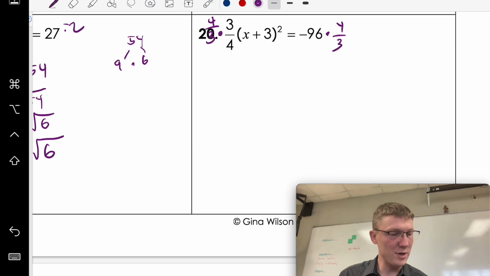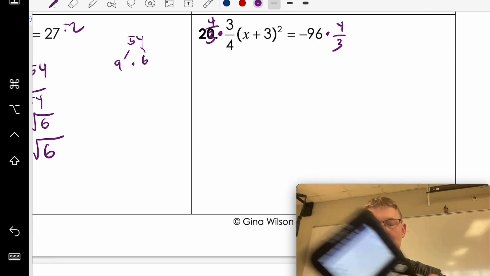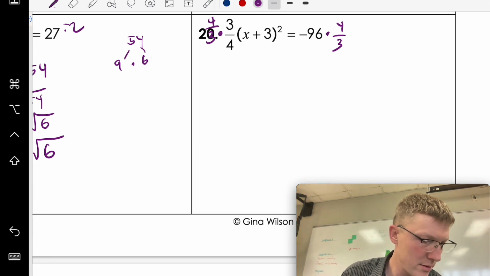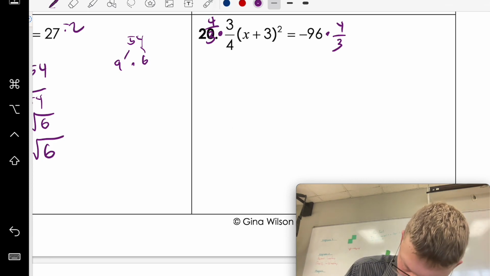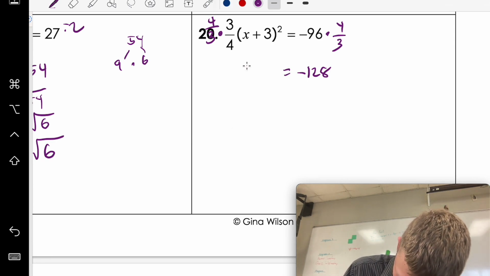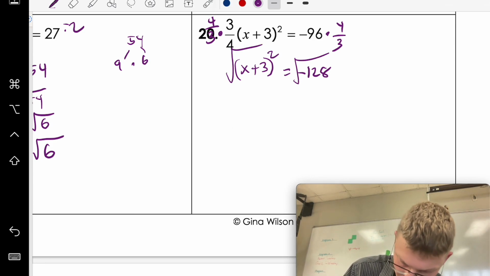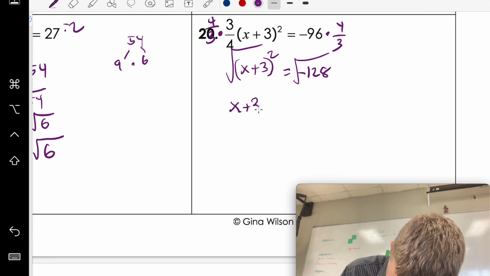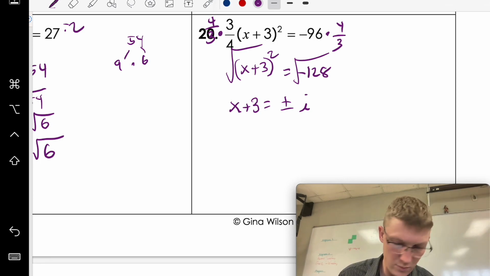And this is a situation where it's like negative 96 using the calculator times 4 divided by 3 is negative 128 equals x plus 3 quantity squared. So then from there, we're going to square root both sides. So we've got x plus 3 equals plus or minus i square root of 128.